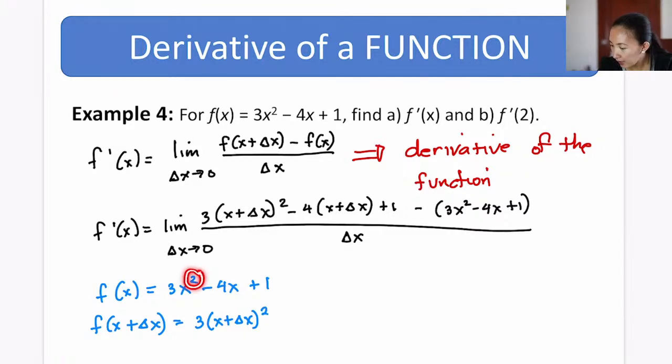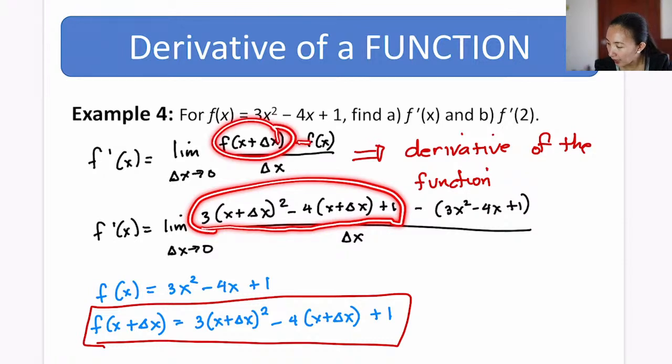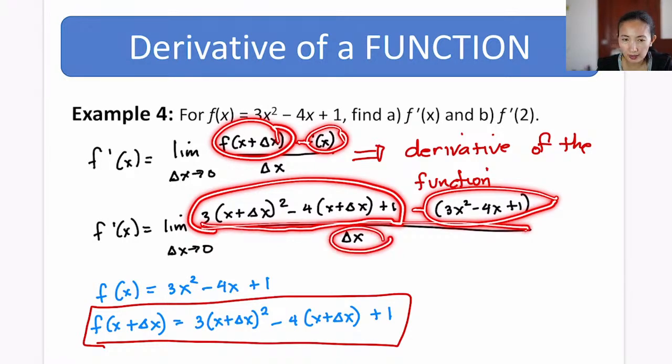Next, minus 4 times x plus delta x plus 1. So, itong buo, lahat ito, yung unang parte ng numerator natin. Okay, can you see this? 3 times the quantity x plus delta x squared minus 4 times the quantity x plus delta x plus 1. Ito yun, itong parte. Minus f of x. So, minus yung original na function. Okay? All over delta x as delta x approaches 0.